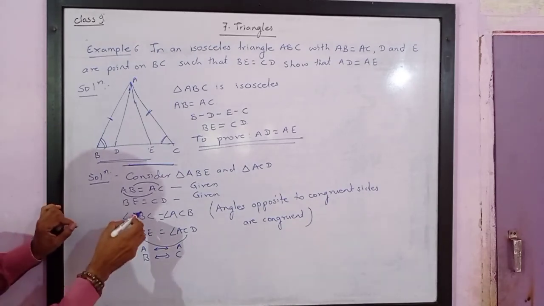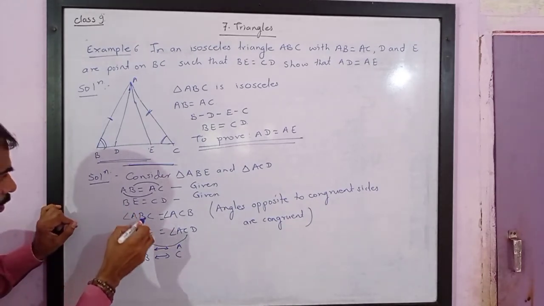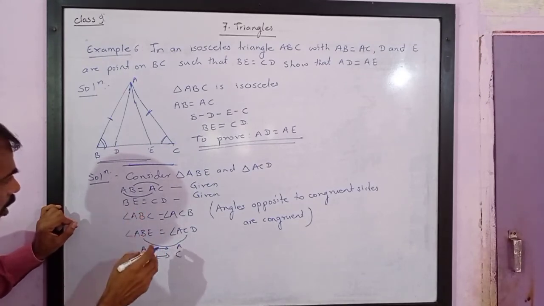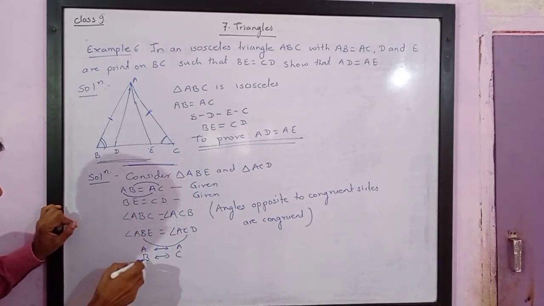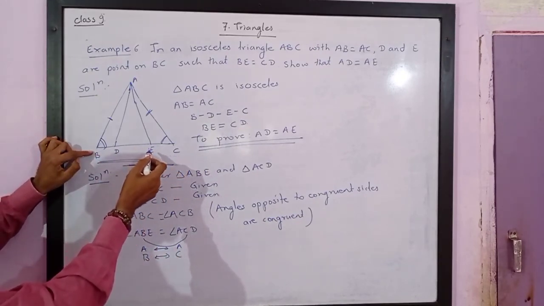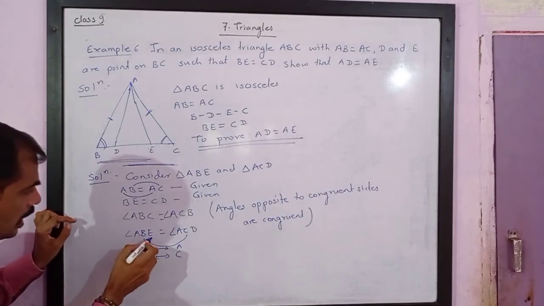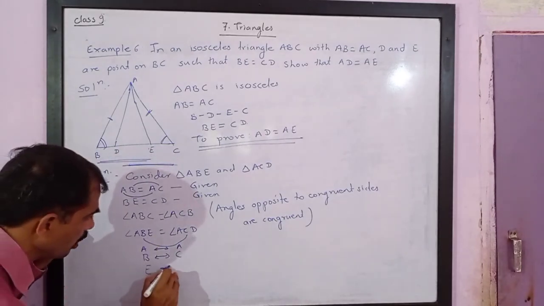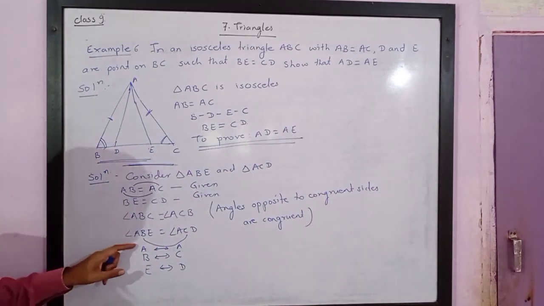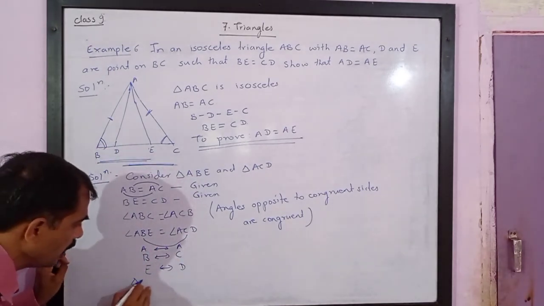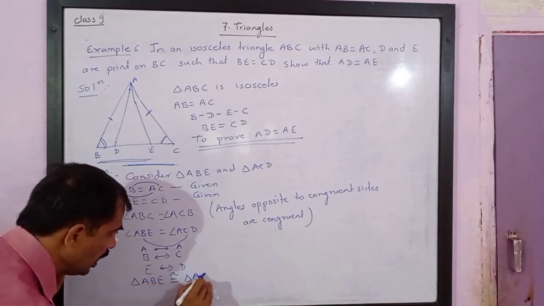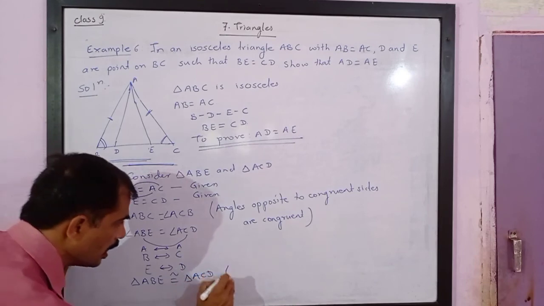Then remaining is C. Sorry, C corresponds to B. Here B corresponds to C, and E will correspond to D. The remaining vertex E corresponds to D. It means triangle ABE is congruent to triangle ACD by SAS test.